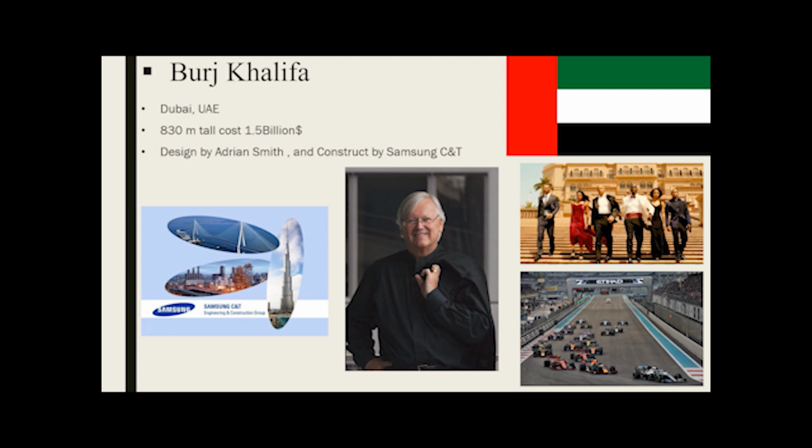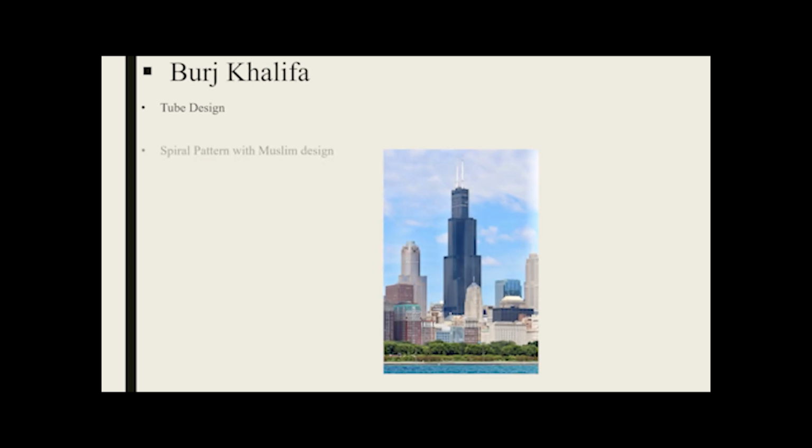Burj Khalifa, as you know, uses the tube design, which is the design of the Willis Tower in Chicago, in America. The design of the building also derives from the spiral pattern in Islamic architecture.